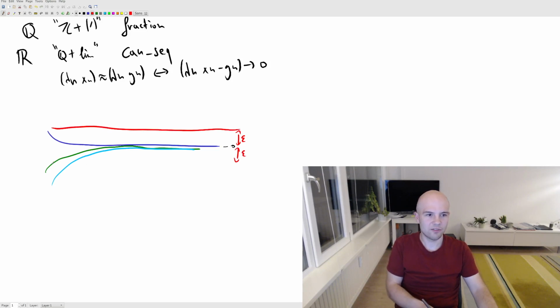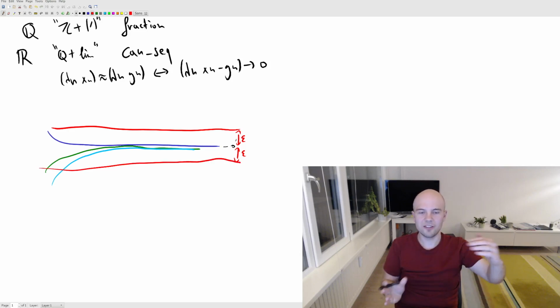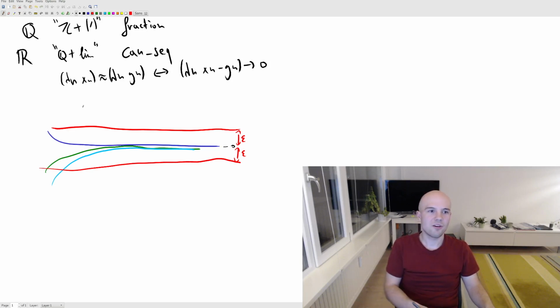We want to be in this strip here. And now the way we do this is we budget this epsilon into 2 parts. So we need to be within 1. So we're allowed to make an error of epsilon. So we'll budget this to make an error of epsilon half between the first 2 sequences, and another error of epsilon half between the second and the third sequence.